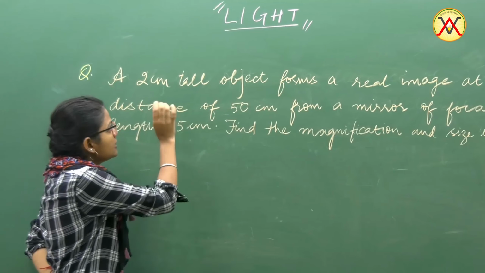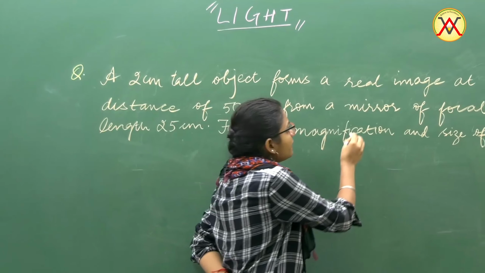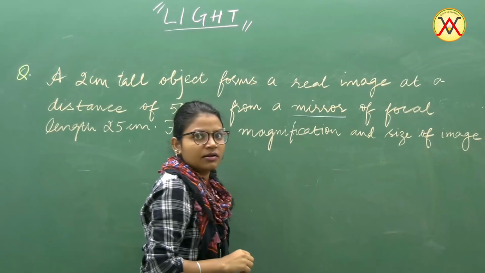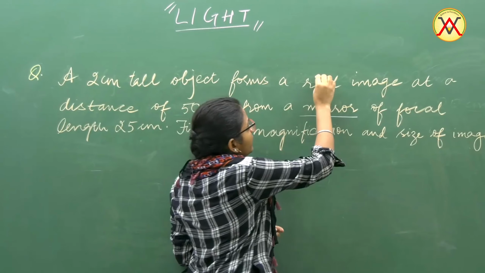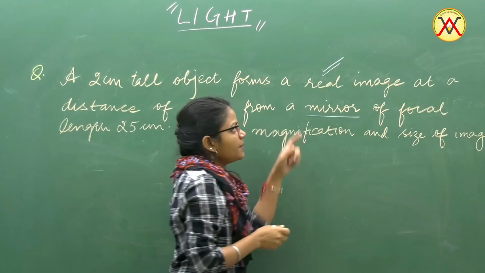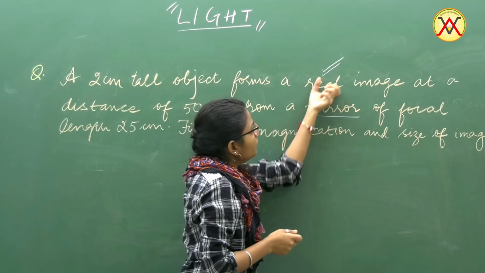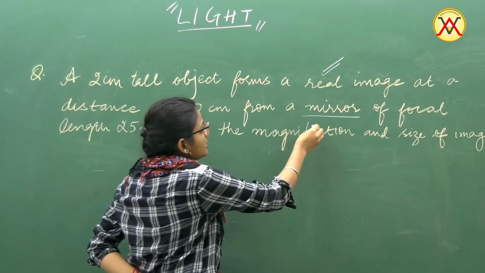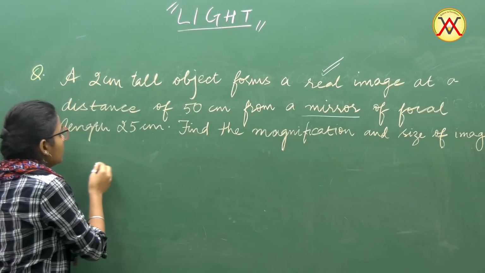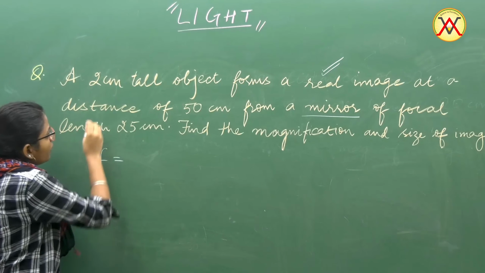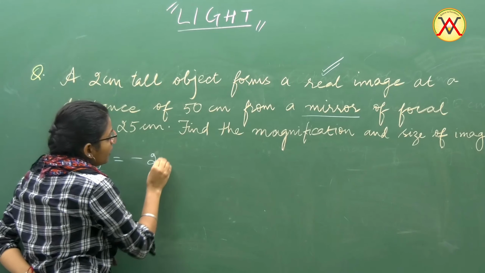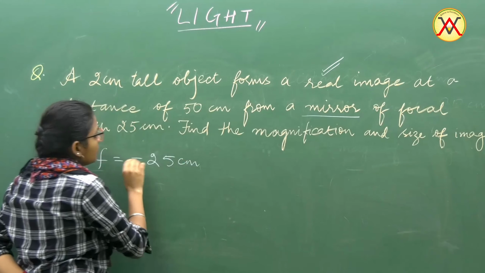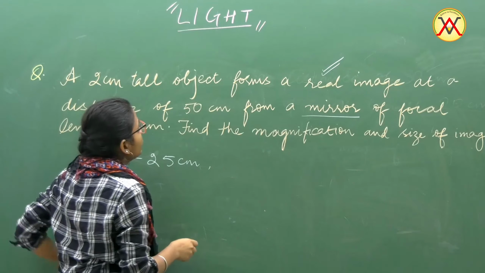Alright. Just see, in this kind of question, they have not specified the type of mirror. But we have been given that the image formed is a real image. And we know that the only case where a real image is formed is that of a concave mirror. So, the focal length given will be of a concave mirror, which is minus 25 cm.